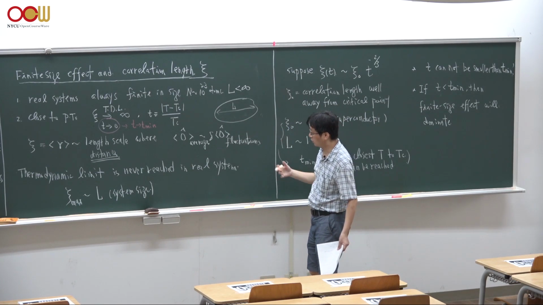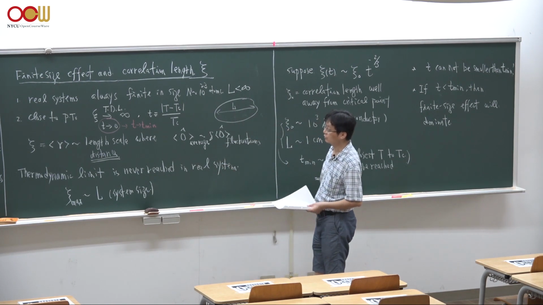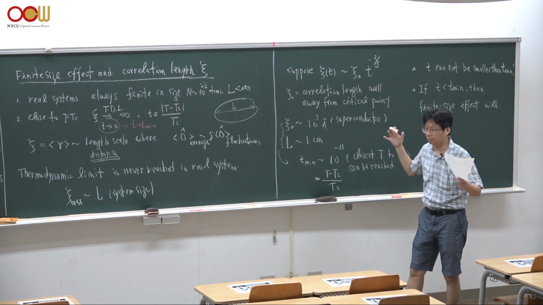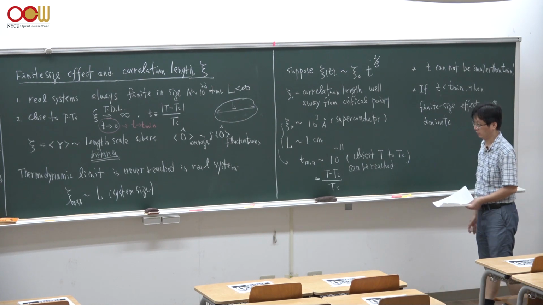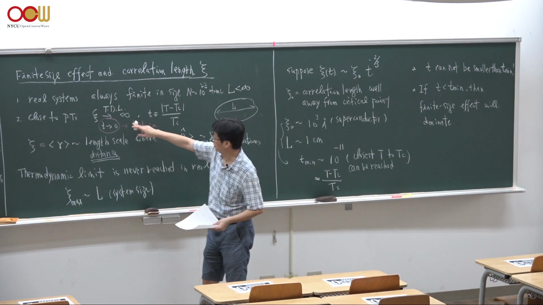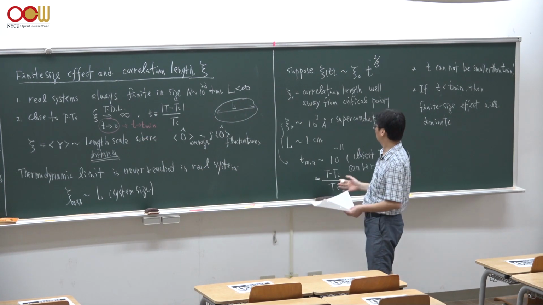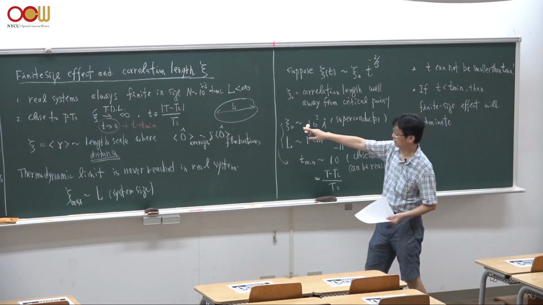And you cannot go beyond, or larger than, the system size for this correlation length, because that is the natural boundary for this length scale. Ideally, we know that the correlation length should diverge in the thermodynamic limit, but in reality we can never reach that limit, precisely for this reason.